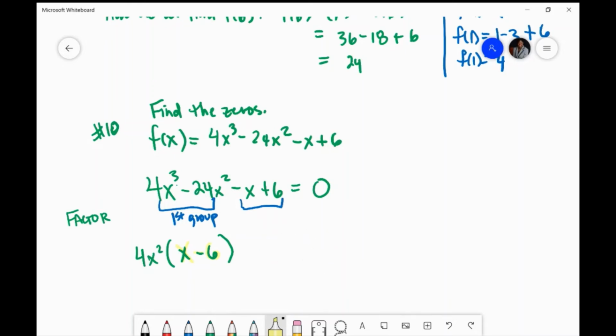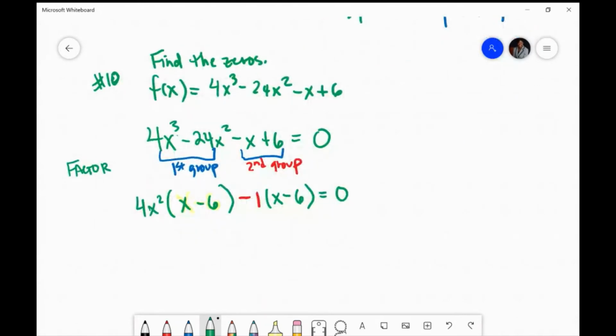So how can we get x minus 6 if we take out what from the second group? A negative 1. So I write it out when I take it out like that. I want y'all to see that we're taking out a negative 1, so that way it will be x minus 6, because negative 1 times negative 6 is positive 6. What you wrote before has to be equivalent to what you just wrote.